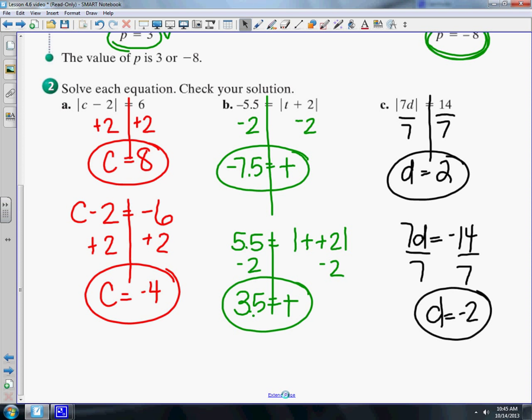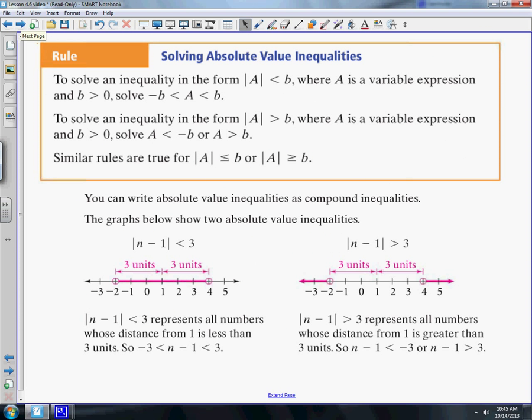So look, you have to do each equation twice, changing the answer to a negative each time. So the same thing is true when you have an inequality with an absolute value sign. So I'll show you how to do this. You can write this down if you want, but I think it's kind of confusing. I just wanted you to see the rule so that you have it in your notes if you want it in your notes.